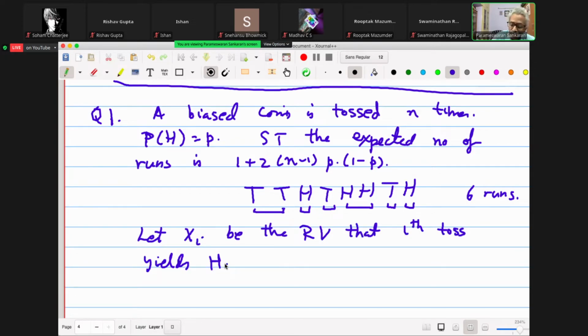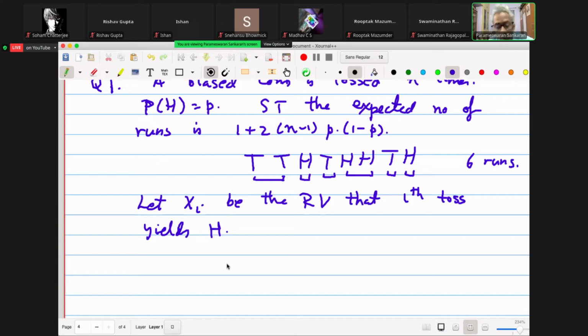Now you must express the number of runs, the expected number of runs. So we give it some name, maybe R. How to write the number of runs in terms of these elementary things? Well, if you have two successive tosses which are the same, it should return the value 0. And if they are different, it should give you the value 1.